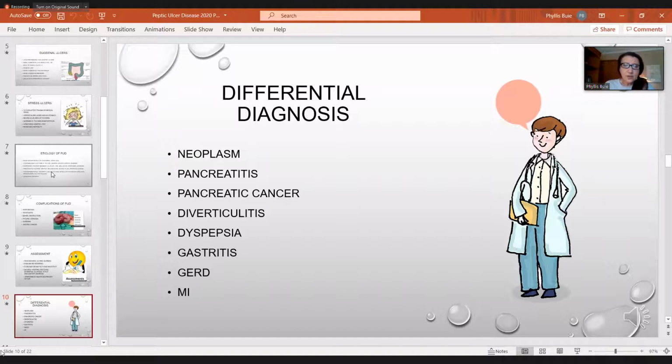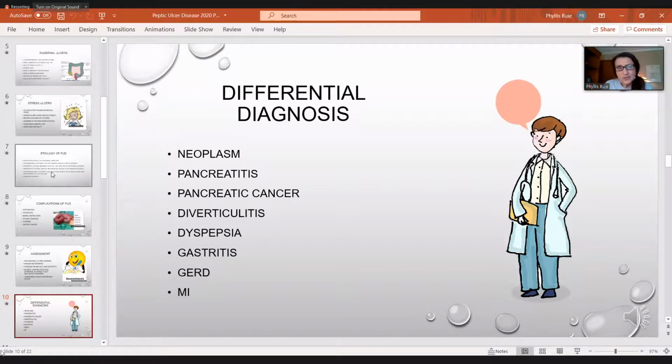Dyspepsia is another diagnosis that we want to make sure that we rule out. Any type of gastritis. Maybe they just have stomach irritation from the foods that they've eaten, or maybe they've taken some medication on an empty stomach and it's just caused a flare-up of inflammation within the gastric mucosa.